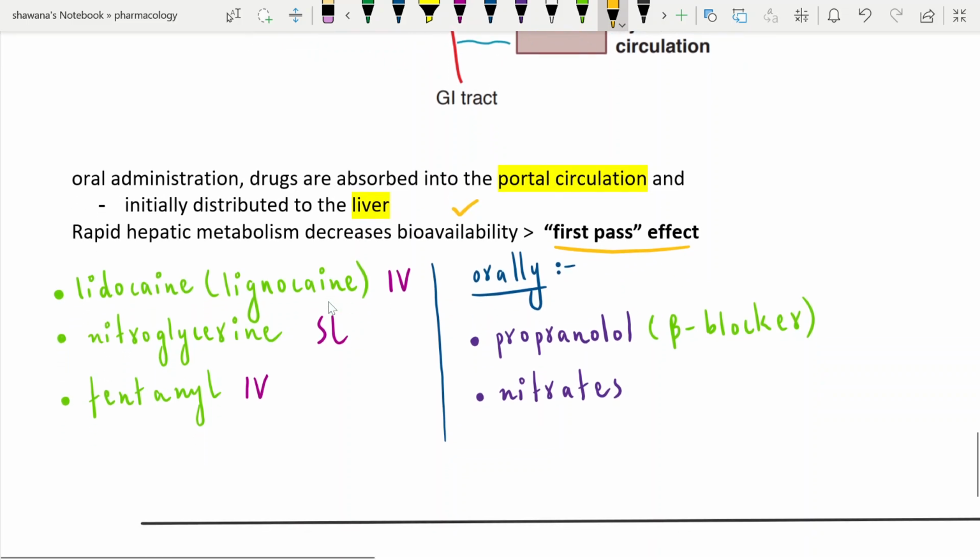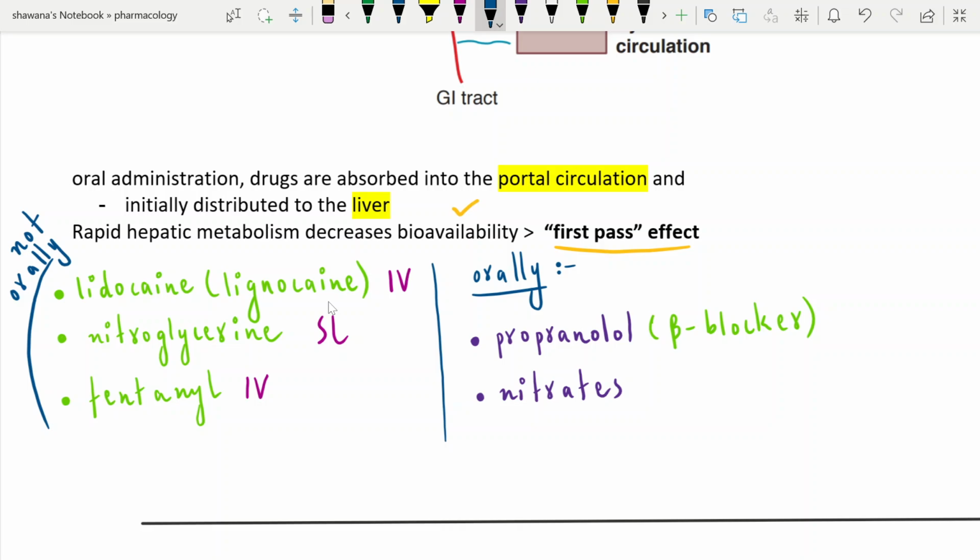Okay, there are some examples of the drugs that cannot be given orally. These are the drugs that are not given orally, because when we give these particular drugs orally, their first pass effect is so drastic that in the systemic circulation, we do not obtain any dose that is beneficial to us.